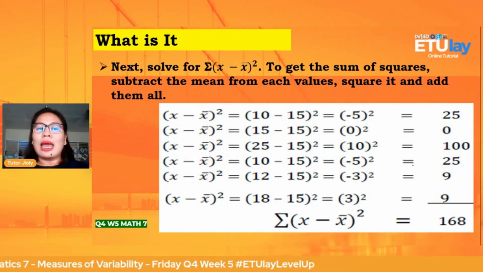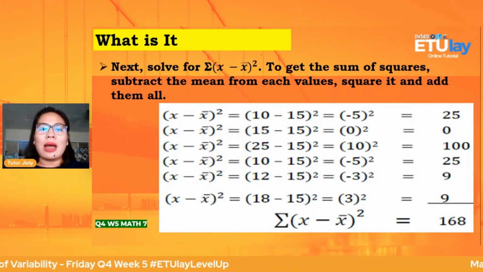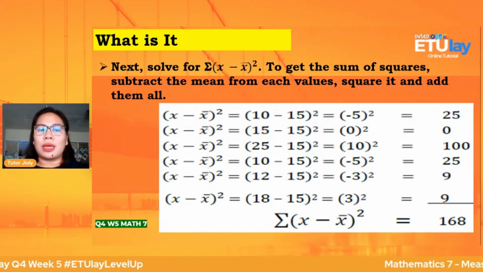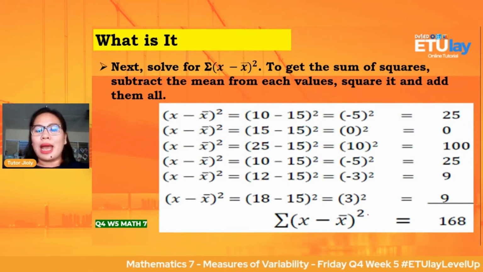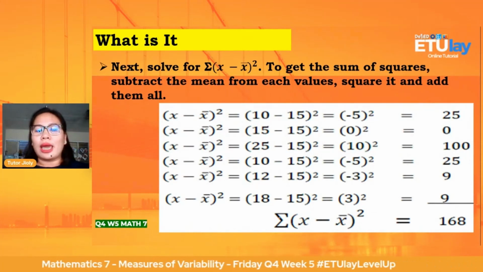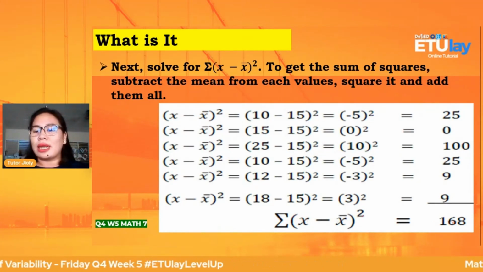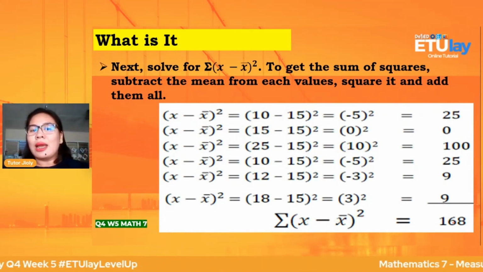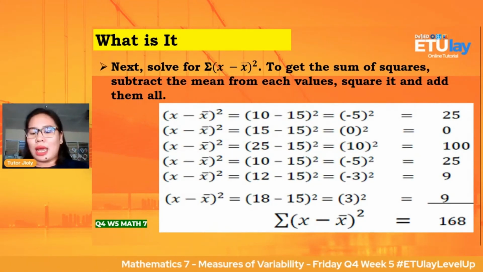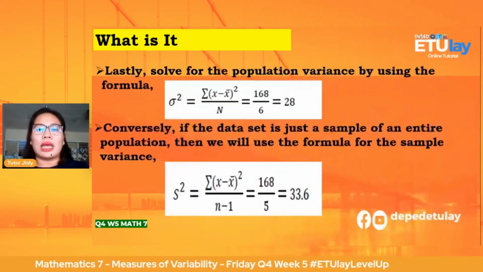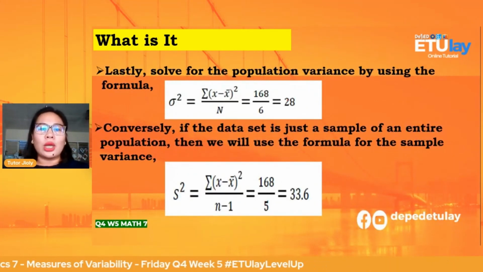Then after that, since we said sum of x minus mean squared, the summation is the total. So the total, the sum of x minus mean squared, is 168. Remember, children, the sum of x minus mean squared is 168.